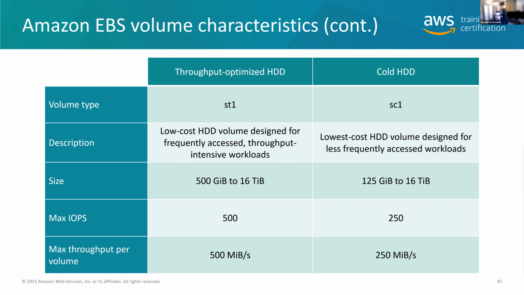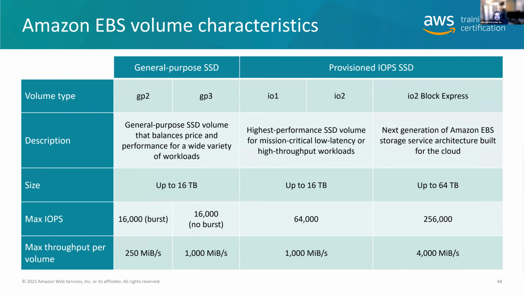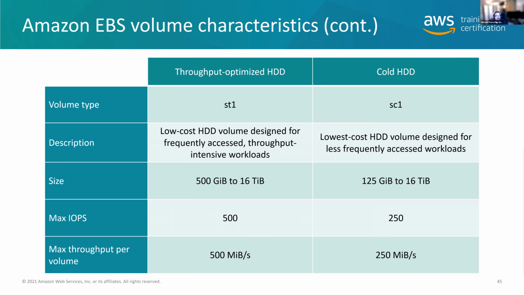But notice that those MiB/s are actually pretty slow when compared to these MiB/s. Still faster than GP2, but that's why I was saying just use GP3. Notice that they also cap at 16 TiB. They're using base 1000, I think, is why they keep calling it TiB instead of TB.